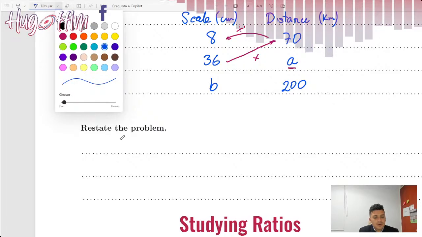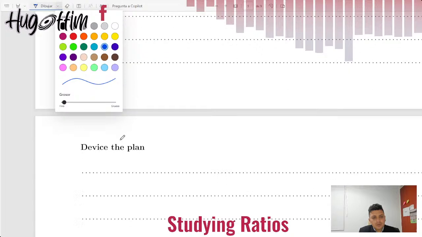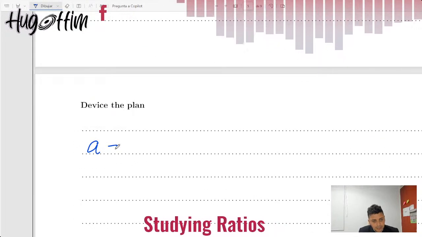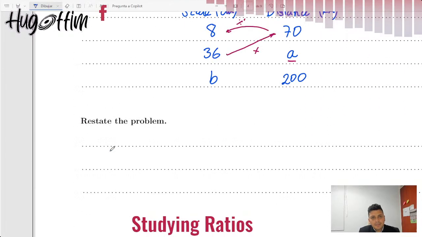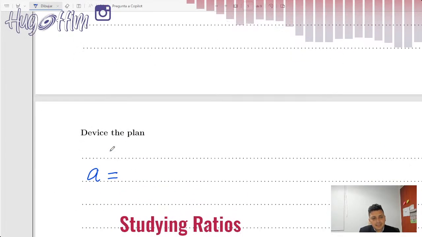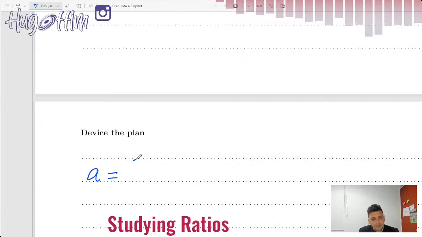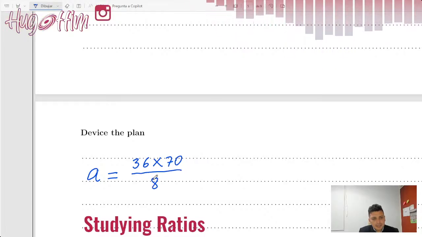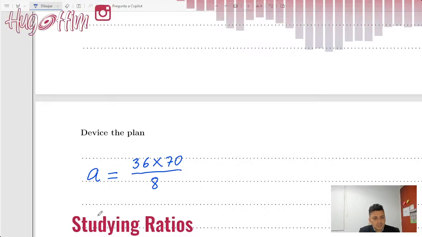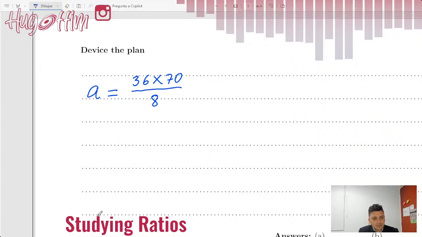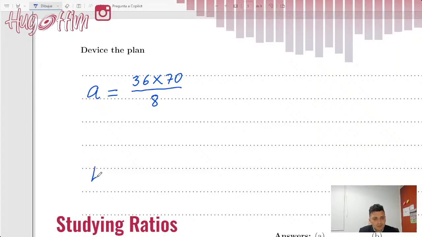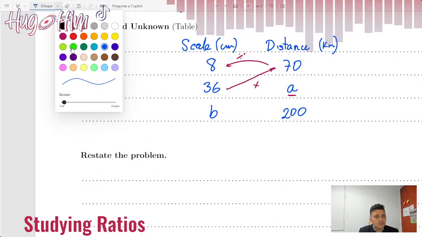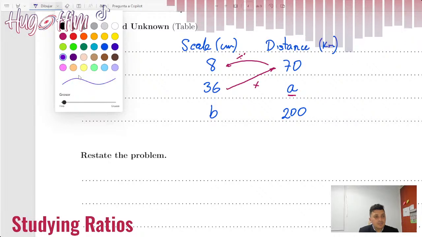I'm going to go with my marker to the part of the board. I know that my variable A is just going to be 36 times 70 divided by 8. I'm going to find B as well using the same values, and for B I'm going to use another color, maybe this purple.